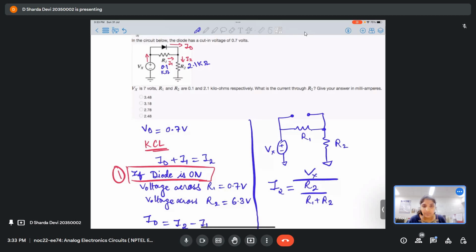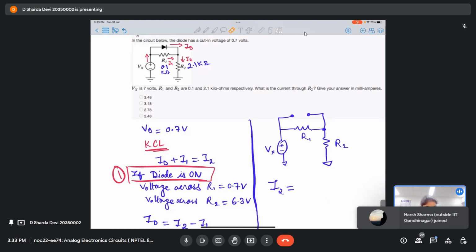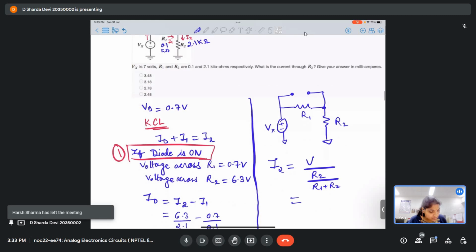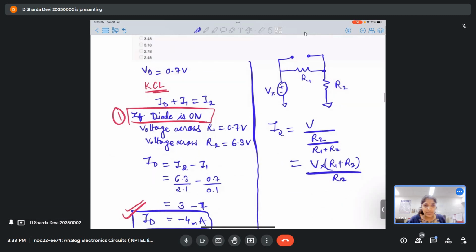Vx. This will be the current. Is there any doubt in this? Or this will be V into R1 plus R2 by R2, right?